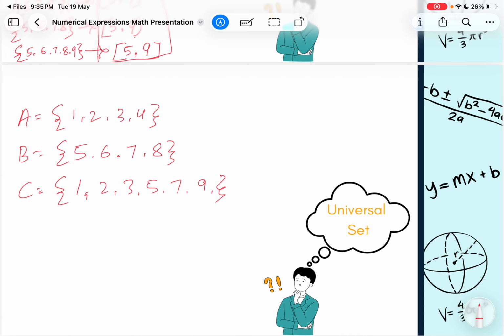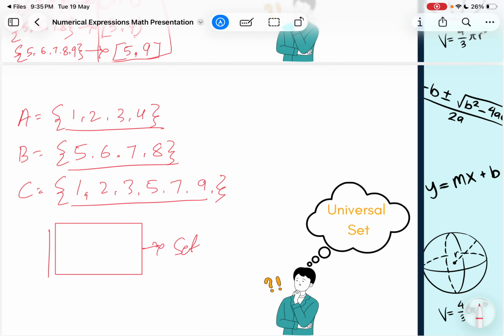So what will be a common set that can contain all the elements of all these three sets? We can say that this is a set of all natural numbers.